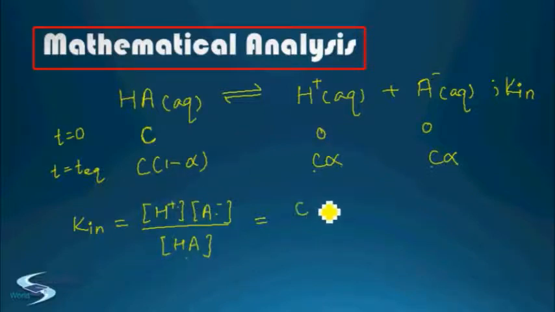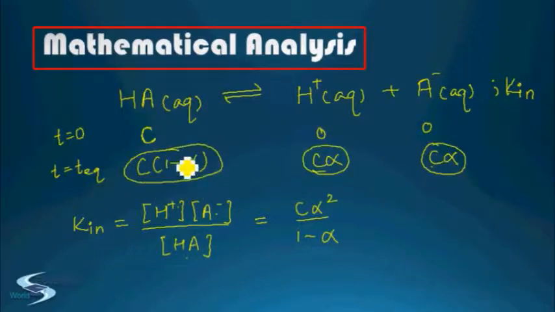That is, it is going to be equal to C alpha square by 1 minus alpha. Now to find the degree of dissociation alpha and the equilibrium concentrations of each of the constituent substances present over here, you can solve this quadratic, if you know the K ionization value, which will be given to you in the exam, or wherever you are studying from.